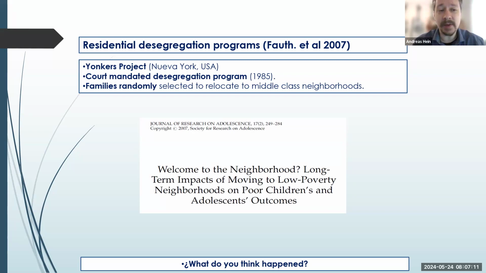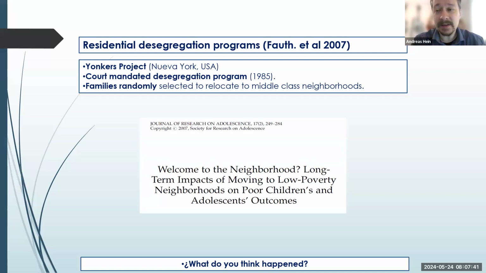It's the Yonkers project. It was a court-mandated desegregation program. So in the US, there's a huge problem nowadays, and in many countries, related to geographical concentration of poverty. And there's a great agreement that this is usually not good for people when, beyond your own problems, you have to battle with problems that emerge because a lot of people facing the same problems live together in the same area.